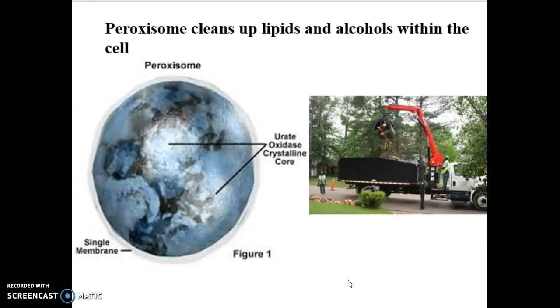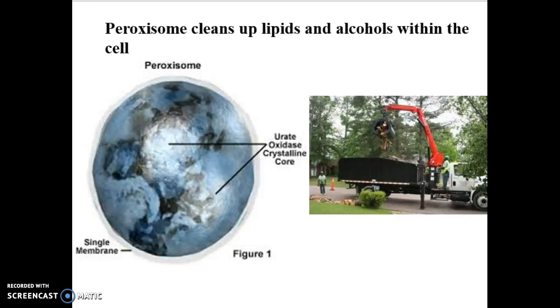So similar to the trash analogy, if you put out a bunch of leaves and branches, it's a different truck that comes by to scoop that stuff up versus what they're picking up when they're picking up your normal trash. Same basic principle, cleaning, protecting, keeping the cell healthy and safe and functional.